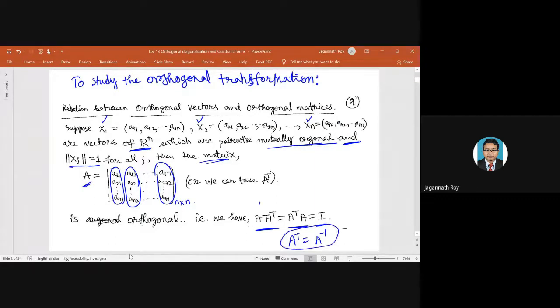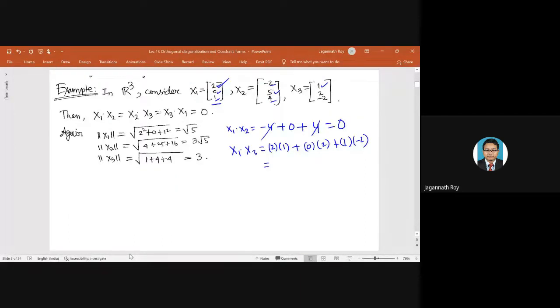A matrix will be called orthogonal if we have A transpose A equals I. So for an orthogonal matrix, these properties will hold. So 2 times 1 is 2, plus 0, minus 2, again 0. Similarly, you can check that x2 dot x3 will also be 0.